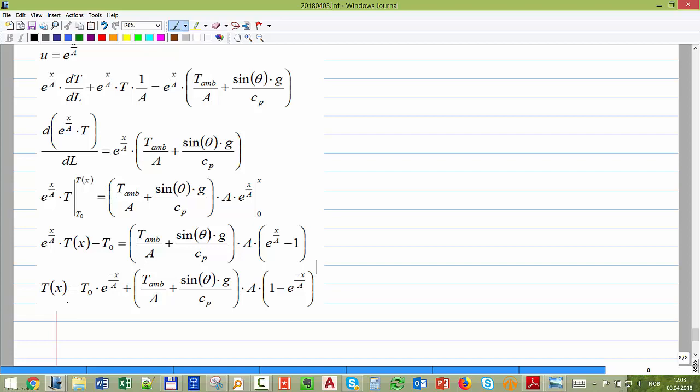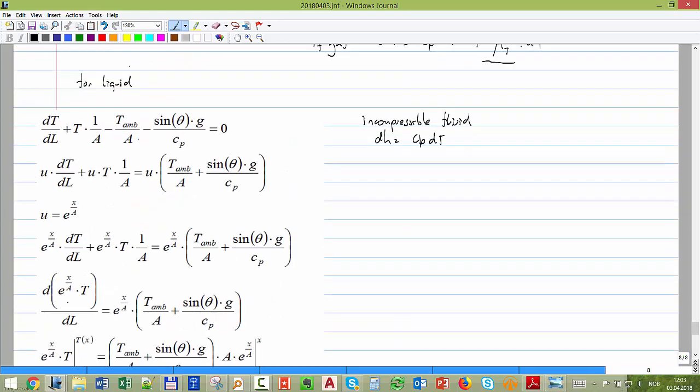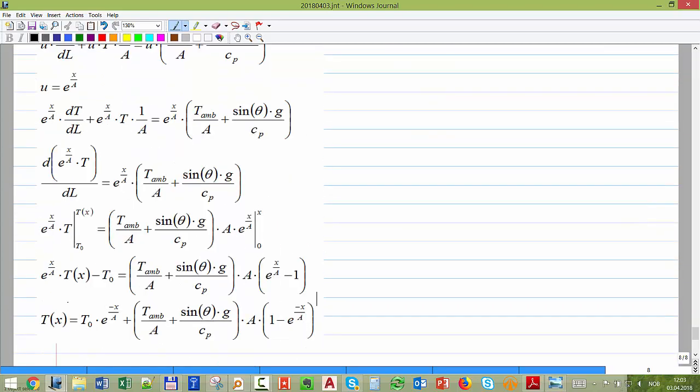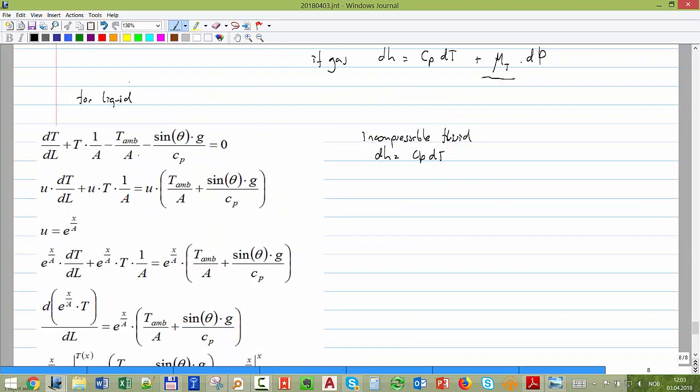And here there is something important, that is this A, which I didn't put here. Okay, A is M. A has this heat transfer coefficient.